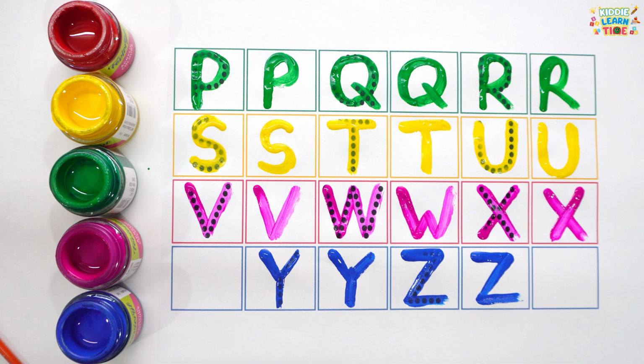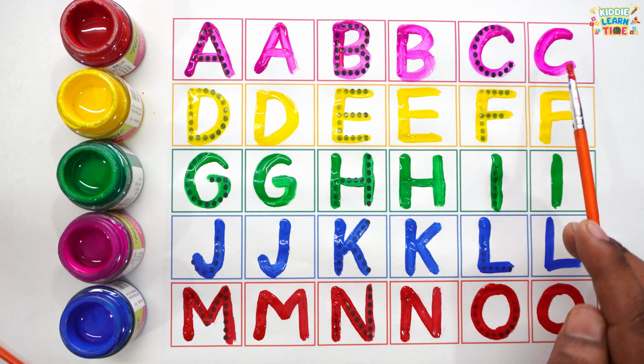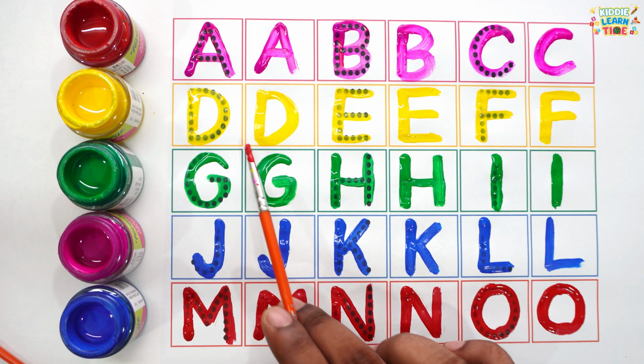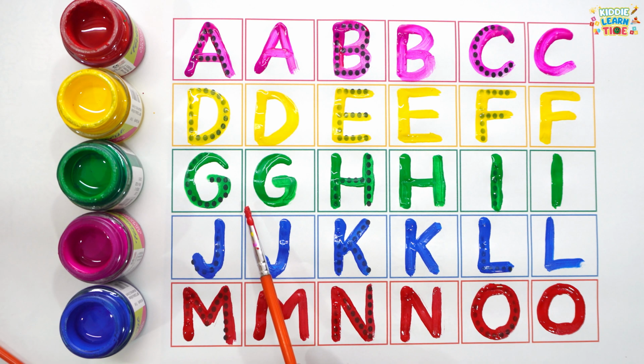A for apple, B for ball, C for cat, D for dog, E for elephant, F for fish, G for grapes, H for hat, I for ice cream, J for juice, K for kite, L for lion, M for monkey, N for nest, O for orange.